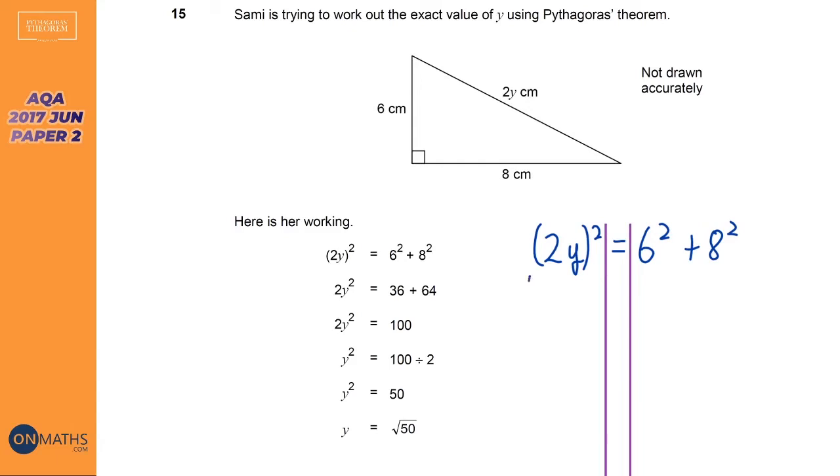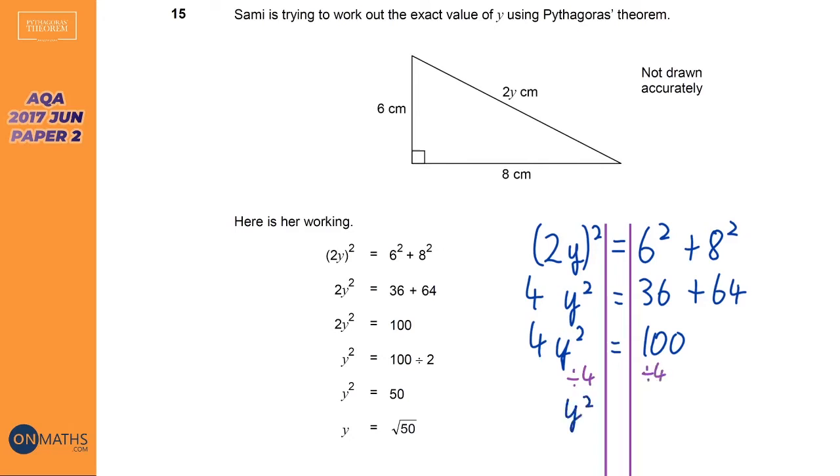So 2 squared is 4, y squared is y squared, 6 squared is 36, 8 squared is 64. Then we might as well add on the left hand side, why not? So equals 100. Then we need to get rid of this 4 here, so we're going to divide both sides by 4, and so that'll be y squared equals 25.